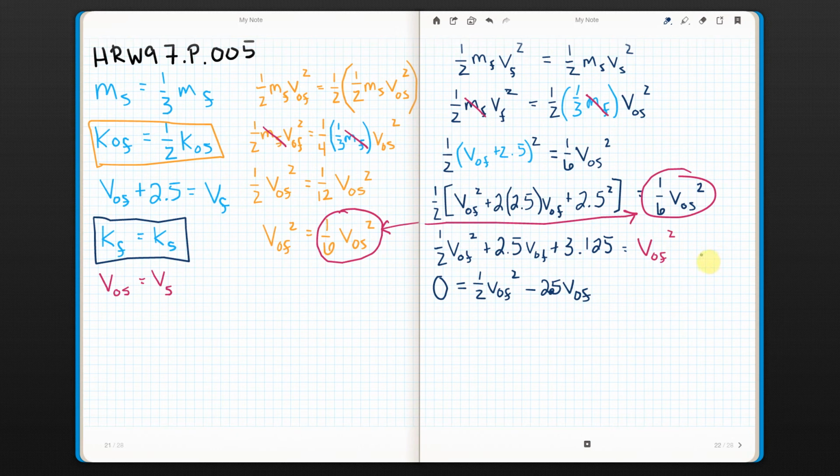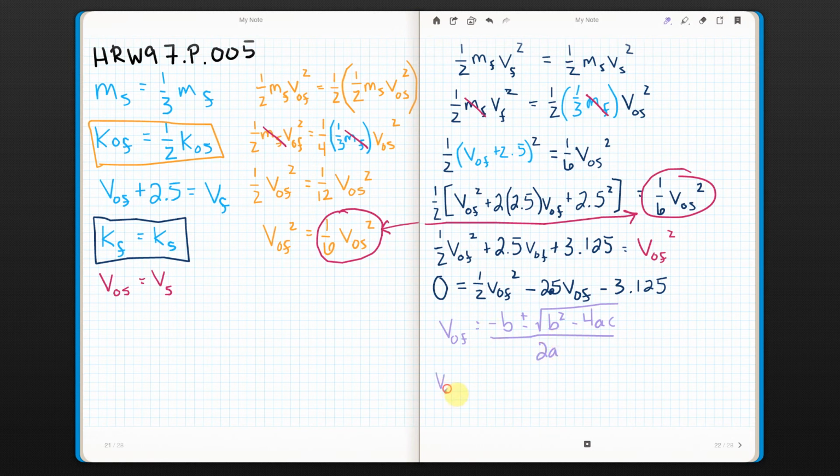And then again, there was no constant over here. I'm going to subtract 3.125, so I end up with negative 3.125. Okay, so now I've got this thing. It looks like that. Now it's time to do the quadratic equation. Remember that your unknown equals negative b plus or minus the square root of b squared minus 4ac, everything over 2a.